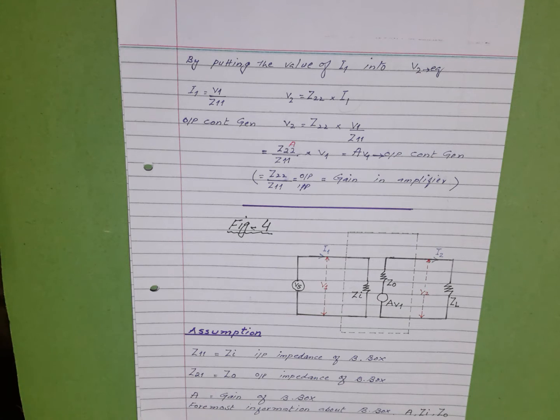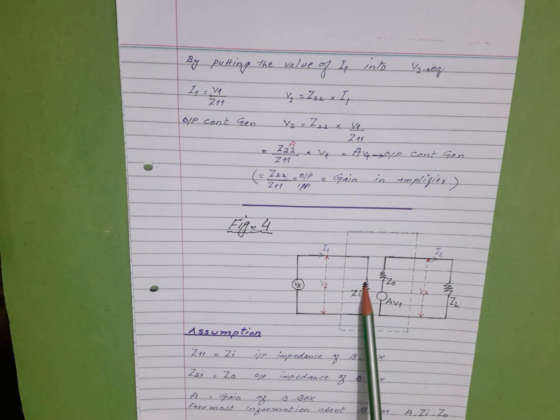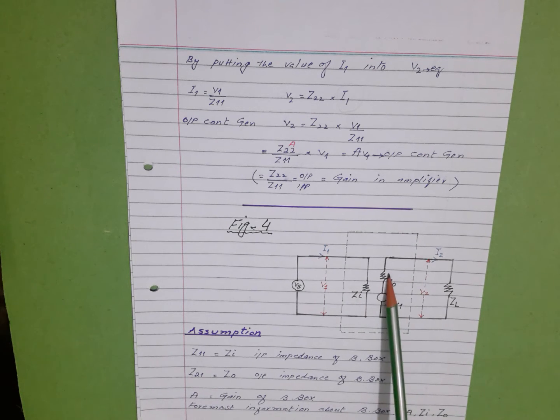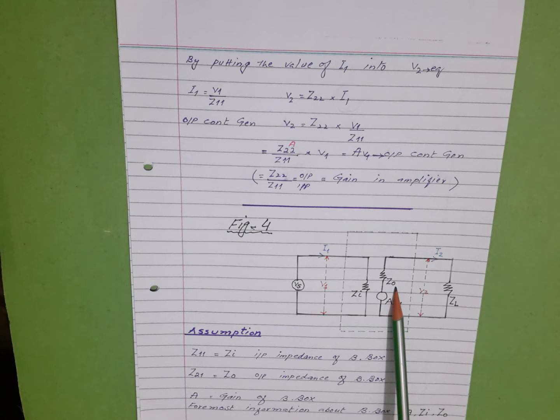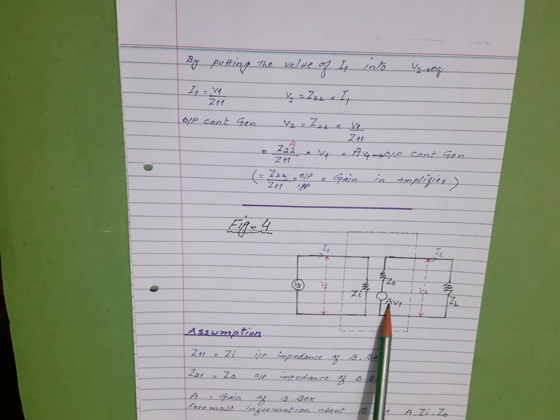Looking at the circuit layout already discussed in figure 4, now we make a few assumptions. Z11 is renamed as Zi, the input impedance. Z21 will be called ZO, the output impedance of the black box, and A is the gain of the black box.